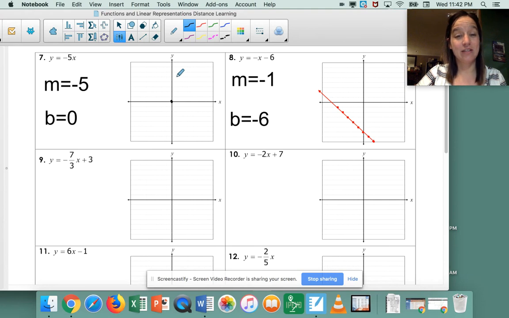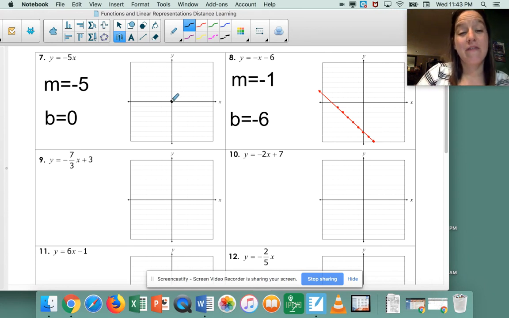Anyone? That would be a positive slope because I just went positive, positive. That's a positive slope, and my slope here is negative.